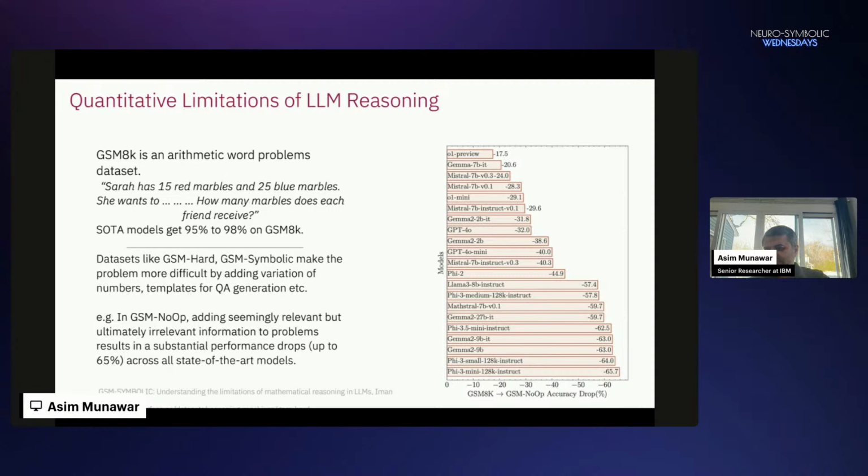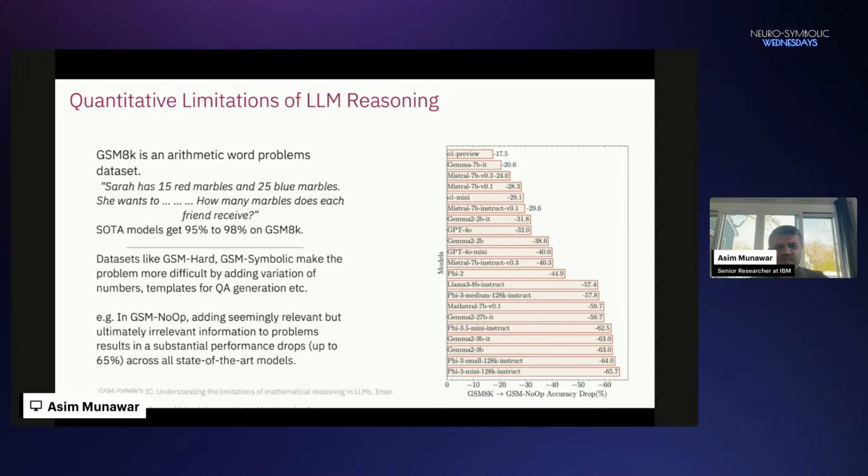So there is a GSM no op data set where they add an extra instruction into the question that has nothing to do with the original question, so it should just be ignored. But if you see on the right hand side, almost all the models get significantly affected by that extra instruction that should just be ignored. Up to 65% decline in performance.